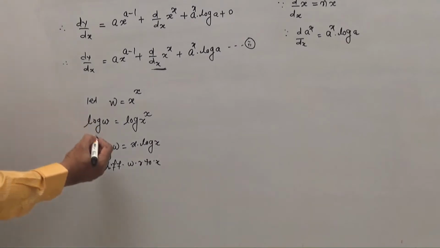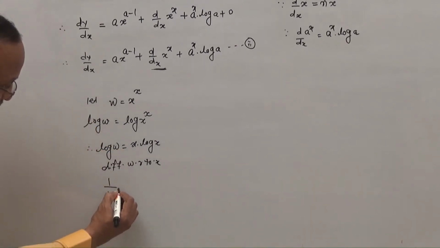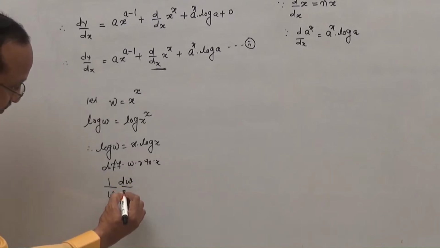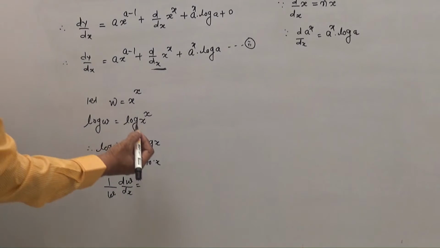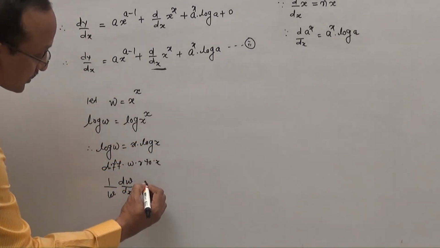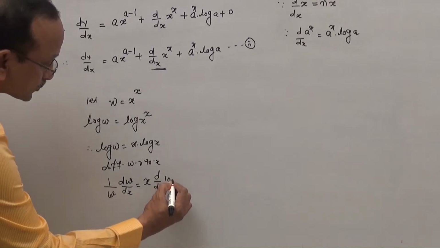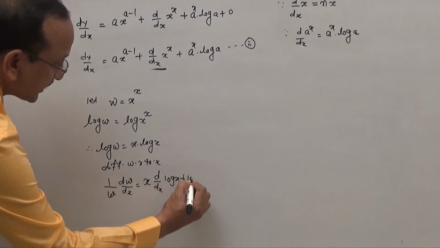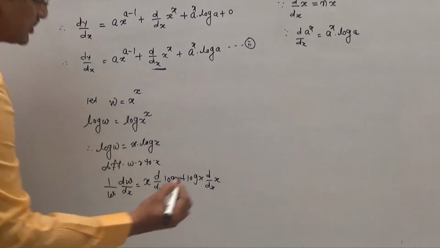Now derivative of log of w is 1 upon w into dw by dx. Then apply the product rule here: first function into derivative of second function plus second function into derivative of first function.